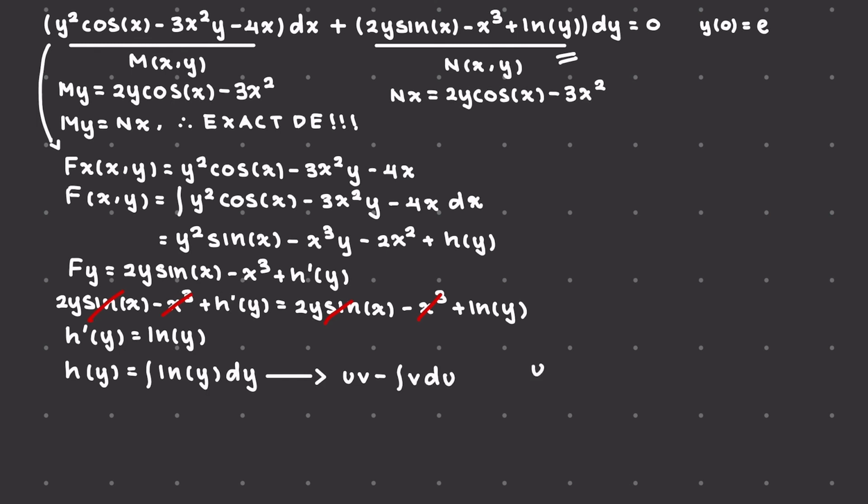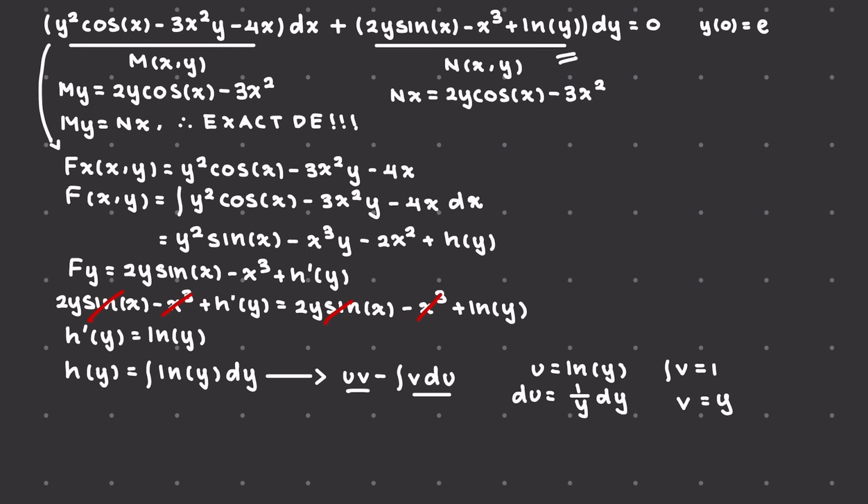And let's see, our u will be ln y, our du, or the derivative of ln y, will be 1 over y dy. Our integration of dv will be 1, and our v will be y.